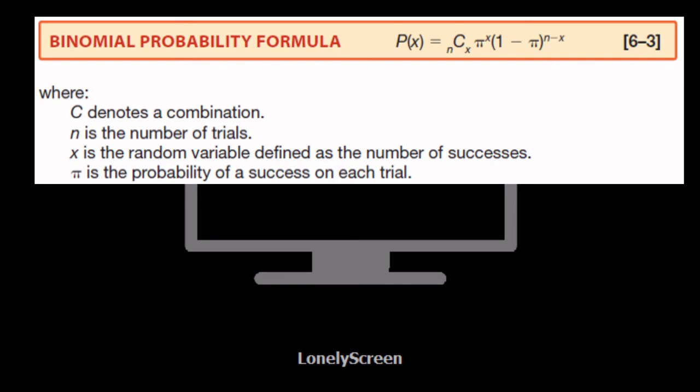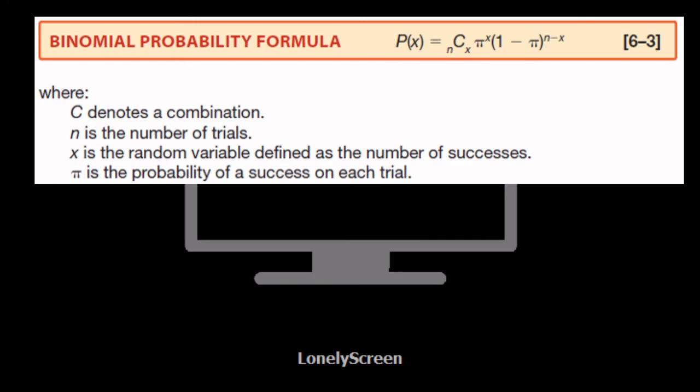A lot going on here, but pi is the probability of success in each trial. For our free throw shooter we've said 70%, so pi would be 0.7, and 1 minus pi is 0.3, right? So there's this balance. As pi goes up, 1 minus pi goes down, and vice versa.